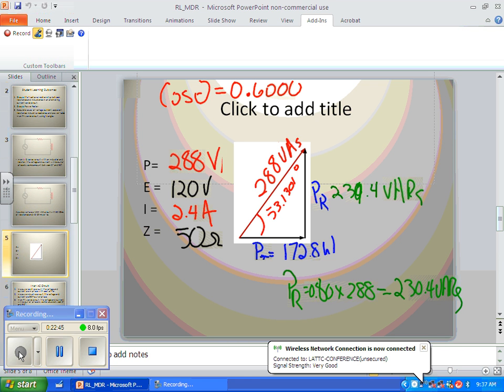All right, so now we've found out everything about this circuit, haven't we? Except how to change this. And if we know the VARs, we know how much we want to change this. So that's why we want to know that part. So let's look at some things we know.